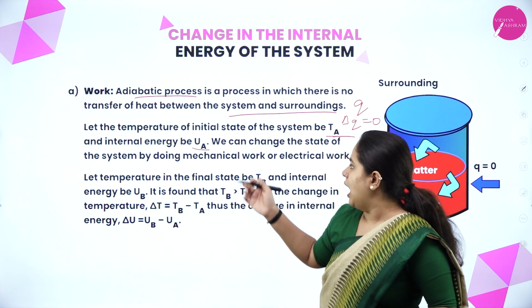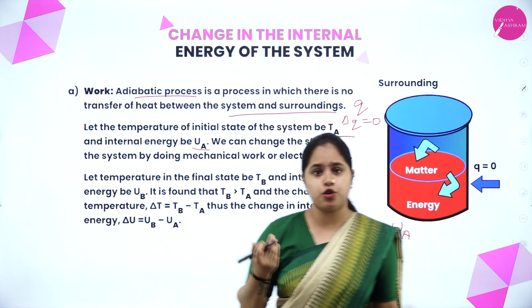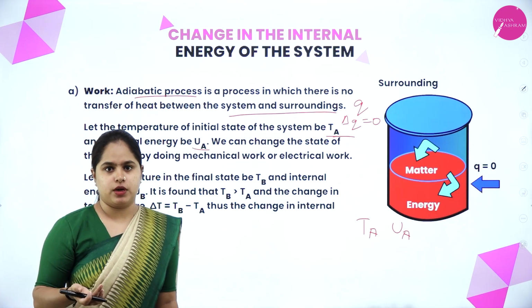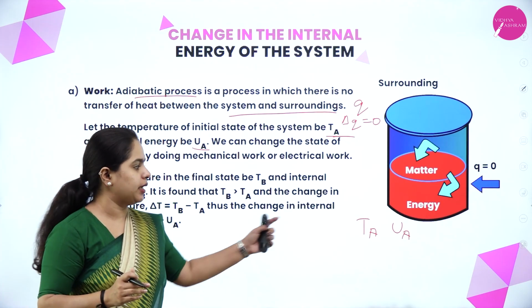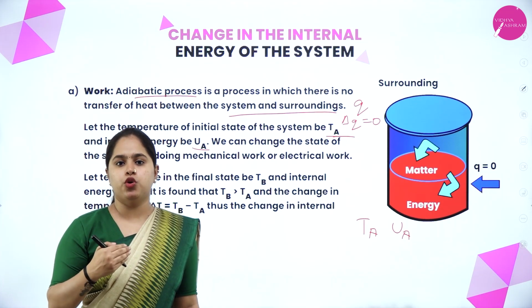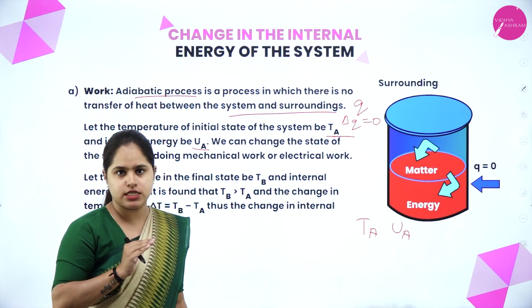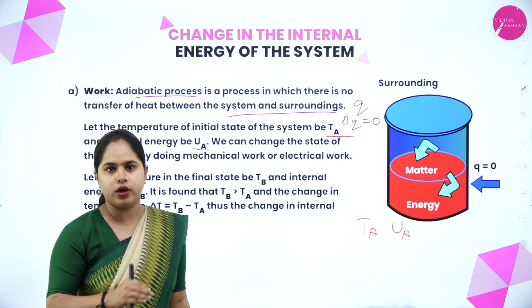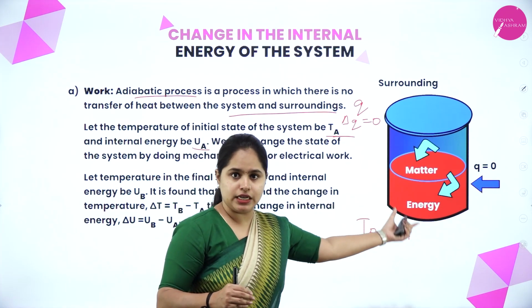We can change the state of the system by doing mechanical or electrical work. Now I am going to do work on the system. Let's consider there is water inside this tank.